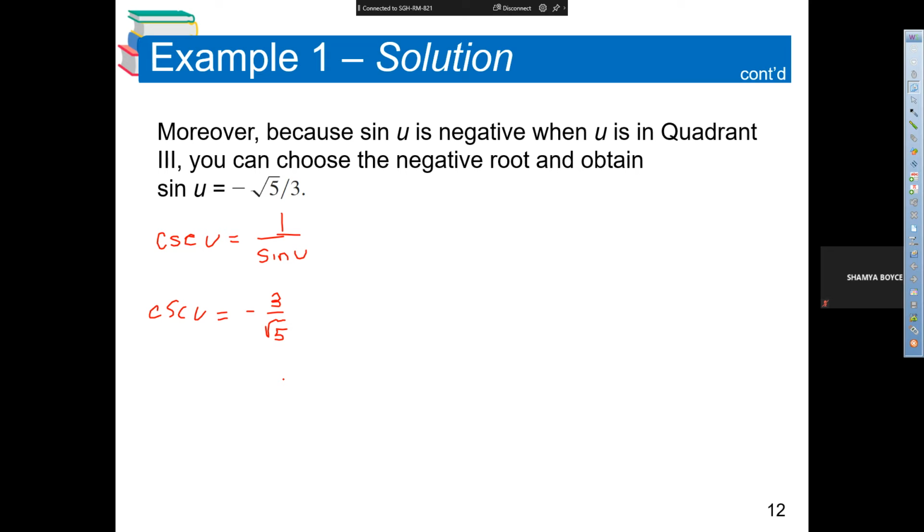Now, they're not going to want us to leave the answer with a square root in the denominator, I don't believe. So when we're simplifying here, we've got to rationalize it by multiplying the top and the bottom by the square root of 5. And we're going to get negative 3 square root of 5 over 5. I believe that's where they're going to take this.